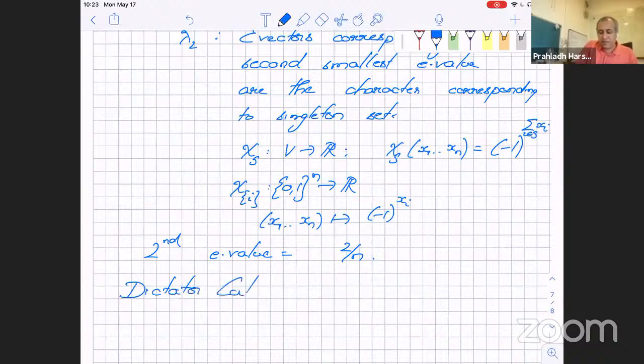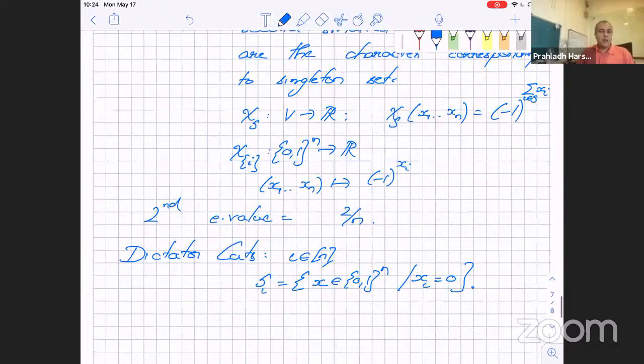Basically, one variable is the dictator because that variable decides which side of the cut a vertex goes. So I take any i in n, and Si is the set of all x in 0,1 to the n such that xi is 0.